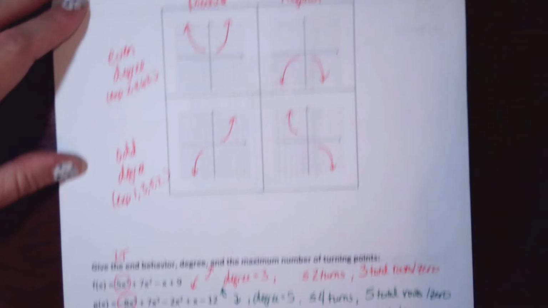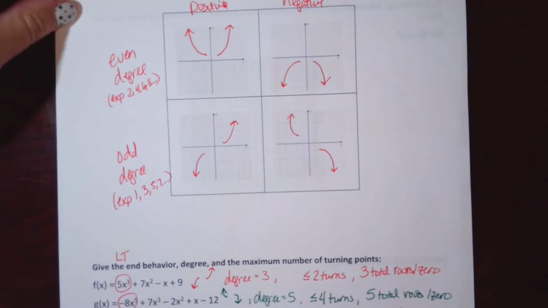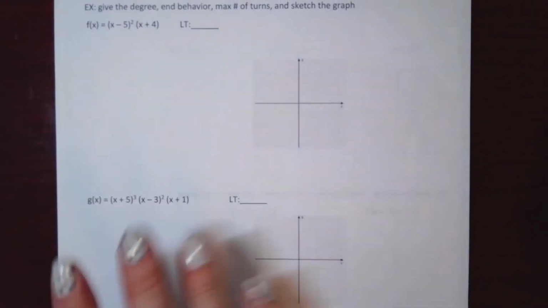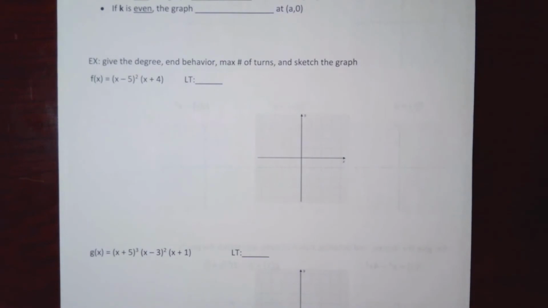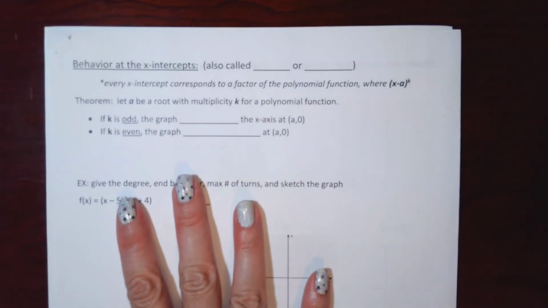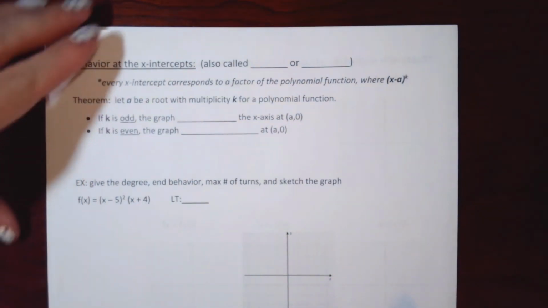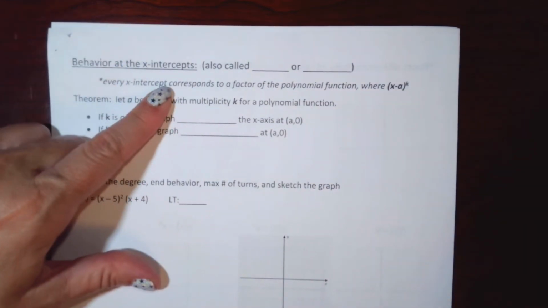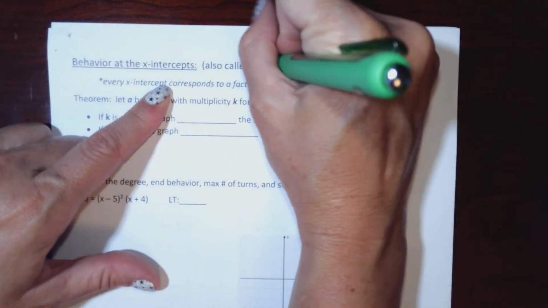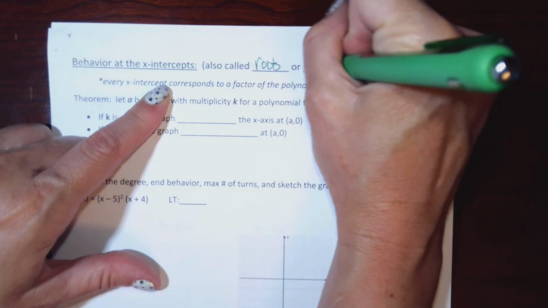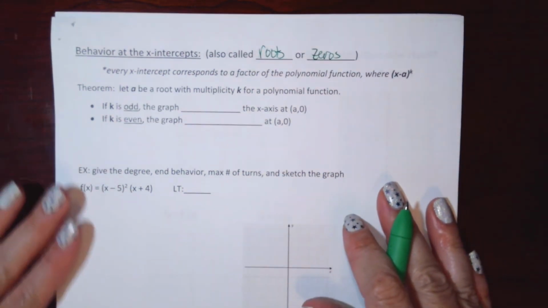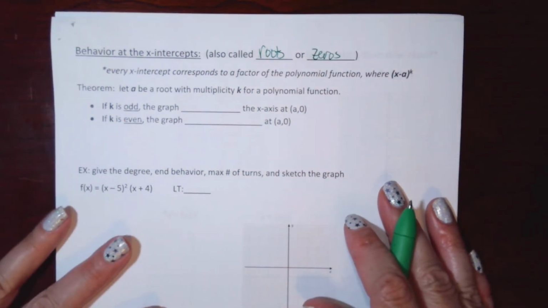All right, excellent. We're going to spend a lot of time working with polynomial functions, so make sure that you understand these definitions and how to use that leading term. Behavior at the x-intercept. So those x-intercepts, that's what we're talking about when we say roots or zeros. Those are x-intercepts, where I intercept or hit the x-axis.